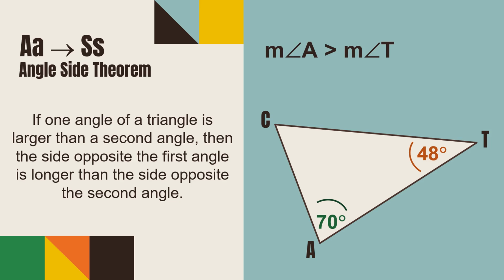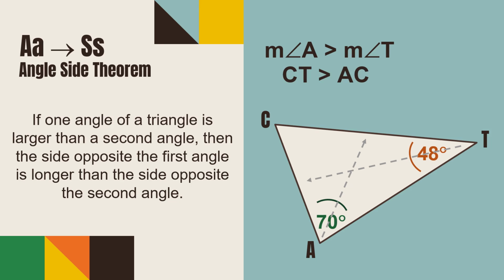Based on this theorem, let us look at the opposite sides of these angles. The opposite side of angle A is line segment CT, and the opposite side of angle T is line segment AC. If they have the same relationship as the angles, therefore line segment CT is greater than line segment AC.